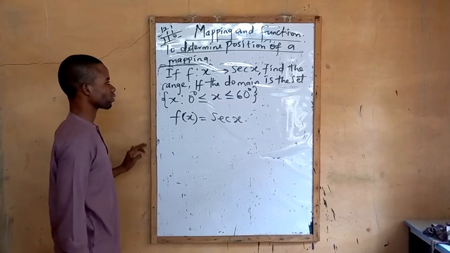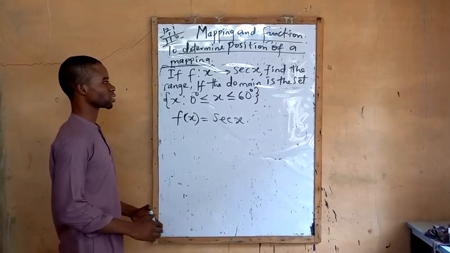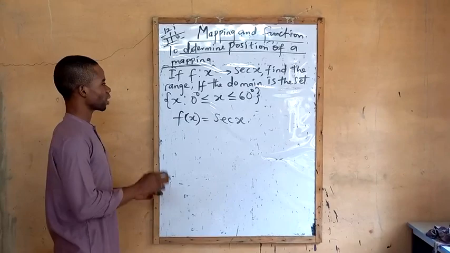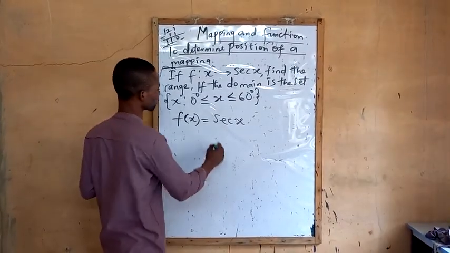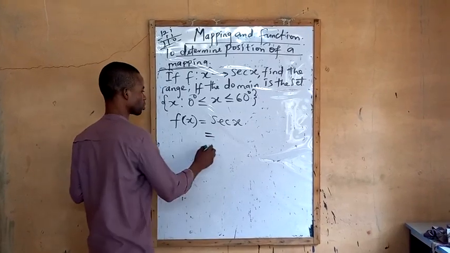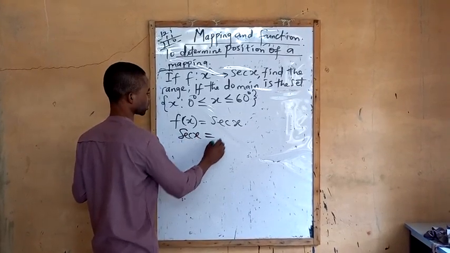That means it starts from 0 and ends at 60. Now, in trigonometry, what is sec x? Sec x actually means 1 over cos x.